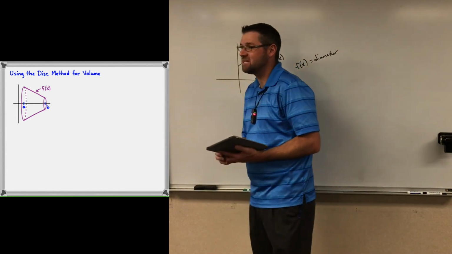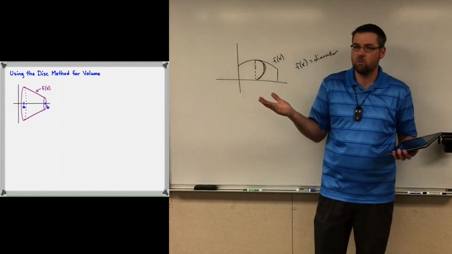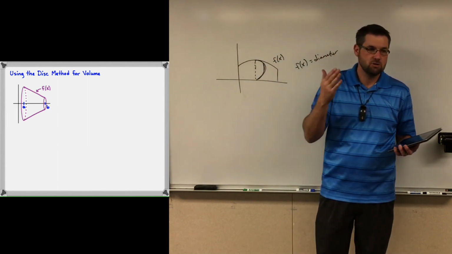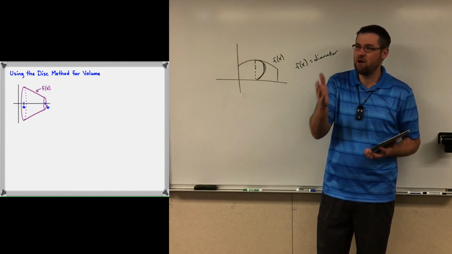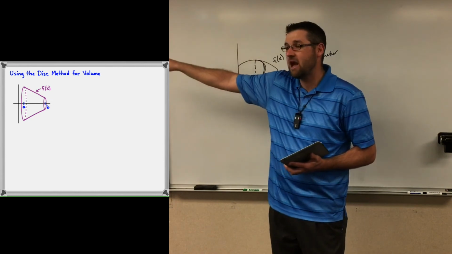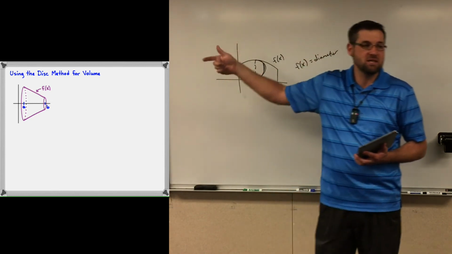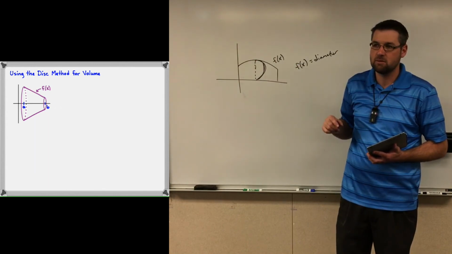Yes, but in this case, in all these cases, whenever you hear revolve, what is the cross section? Circles. We're talking about cylinders. So therefore, the area is going to be pi r squared, right? And in all these cases, at least for now, when we're talking about the x-axis being the center of rotation, what represents the radius? F of x.